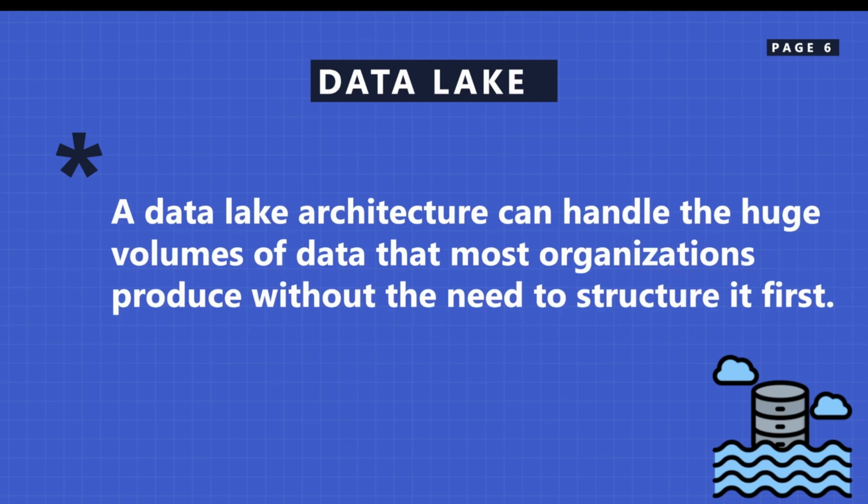Structured data is data which has some predefined format. You can think of it as all the relational database tables which have rows and columns, and all the schemas of those tables are predefined. So that type of data comes under structured data.